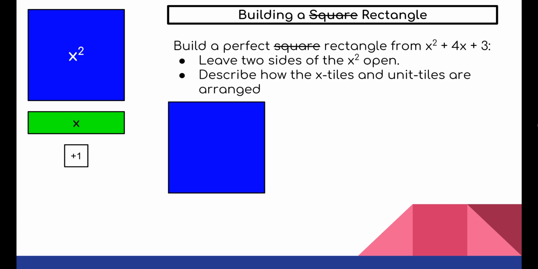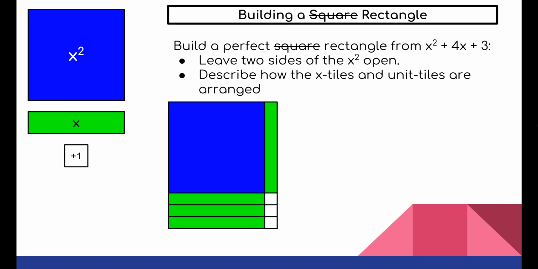So again, we'll start with our x squared. We'll expand out. But this time, the only way to get the rectangle is to only expand the other pieces in one direction. What we want students to observe is that we actually have two dimensions to this rectangle, to this area diagram.